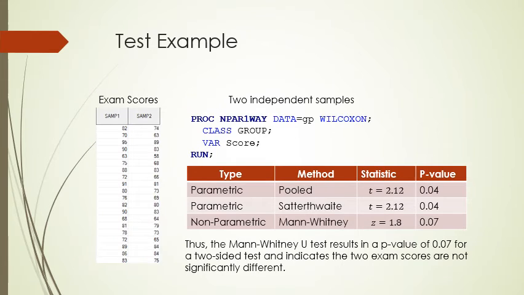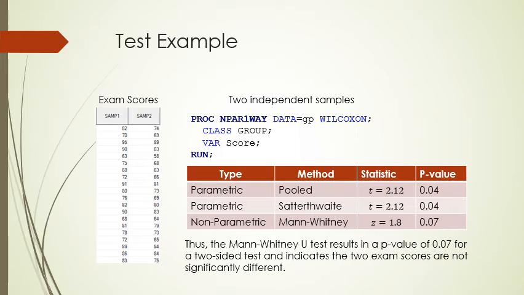This slide is an example of the Mann-Whitney test. We studied the example in lecture 10. We would like to know if boys and girls have different exam performance. Sample 1 has 20 boys' exam scores and sample 2 has 20 girls' scores. The two samples are independent. Two parametric methods were used previously: the pooled t-test for equal variance and the Welch-Satterthwaite t-test for unequal variance.